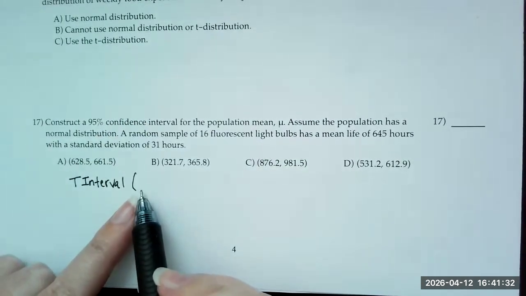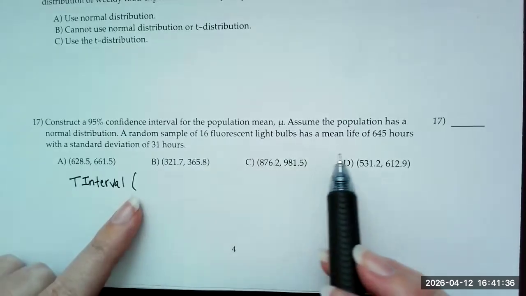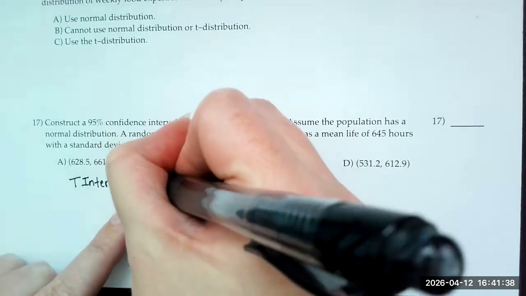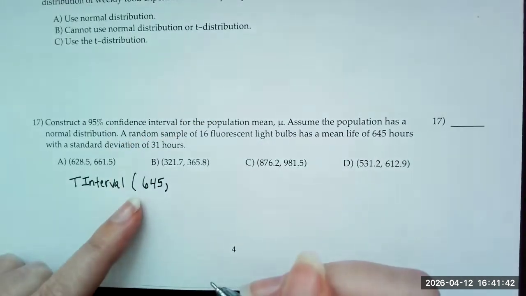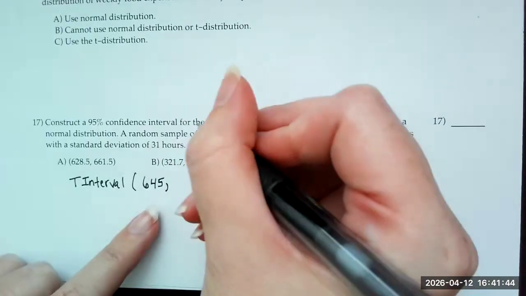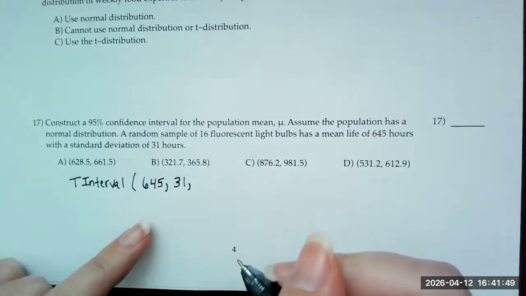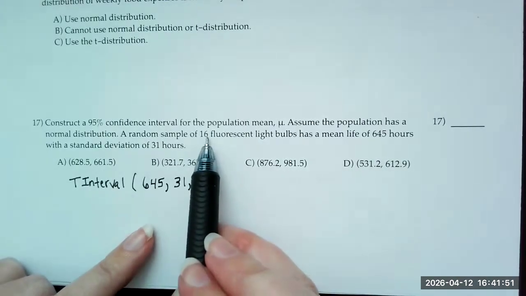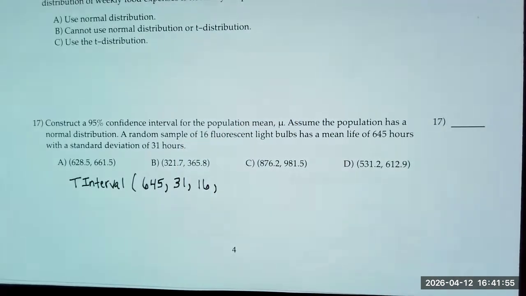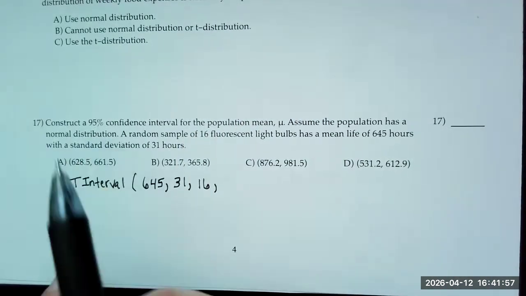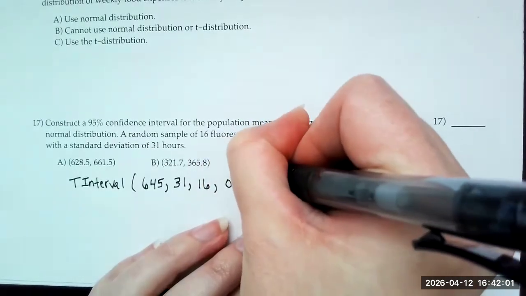So in the T interval, they want us to enter the sample mean of 645. The next thing they want us to enter is the sample standard deviation, which is 31. The next thing they ask for is the sample size, the N value, which is 16. And then it asks for what confidence level we want, and it wants a 95% confidence level for this one, so we'll put 0.95.